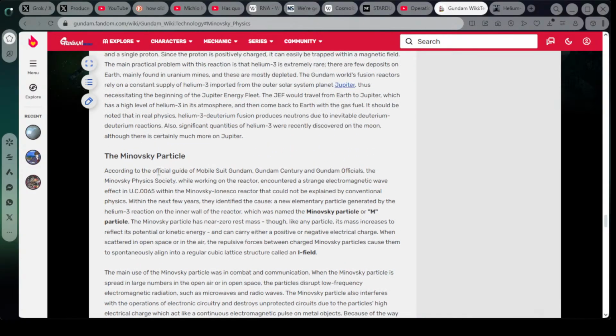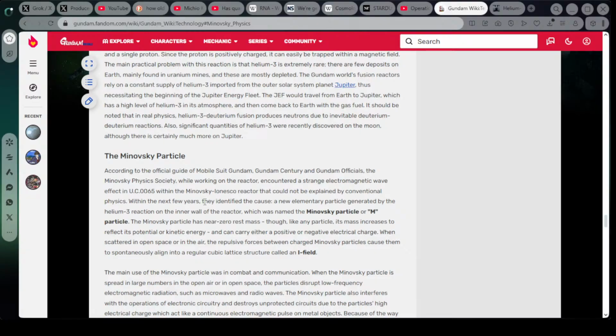So, what is a Minovsky particle specifically? According to the official guide of Mobile Suit Gundam, Gundam Century, and Gundam officials, the Minovsky Physics Society, while working on the reactor, encountered a strange electromagnetic wave in Universal Century 65 within the Minovsky-Lenesco reactor that could not be explained by conventional physics.